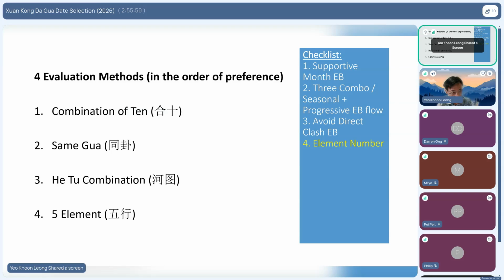This is called 同卦. Then 合图 is the 合图 combination. If the first 3 cannot be met, then go for the last one, the 5 element flow. The 5 element flow is the last defense line that you must uphold.